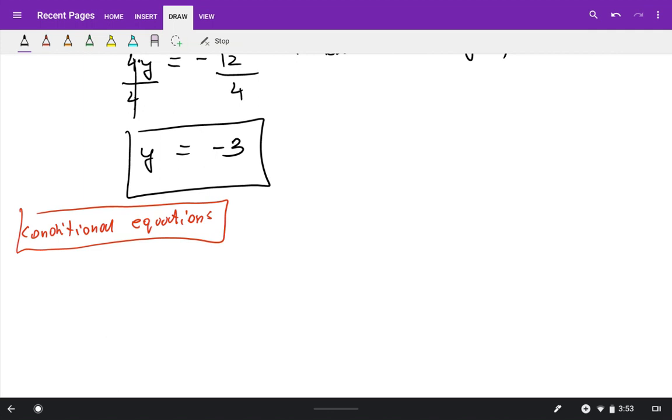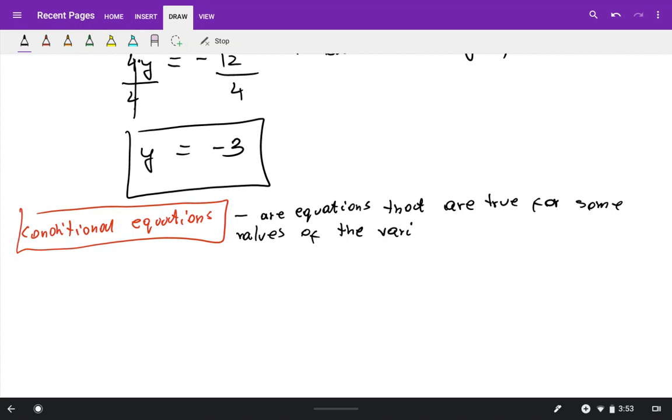Conditional equations are equations that are true for some values of the variable but false for other values.